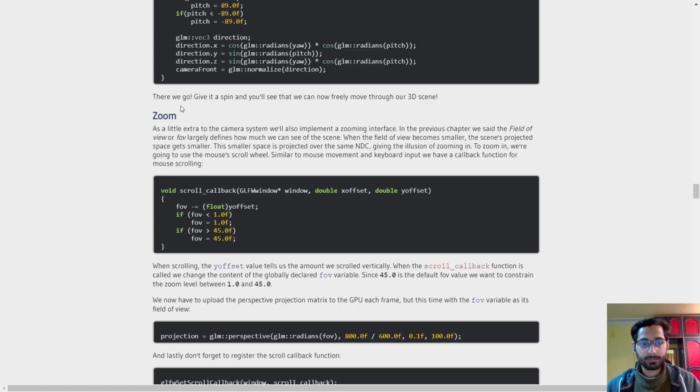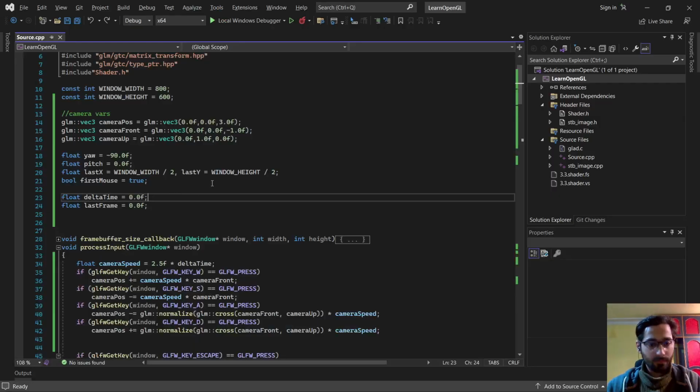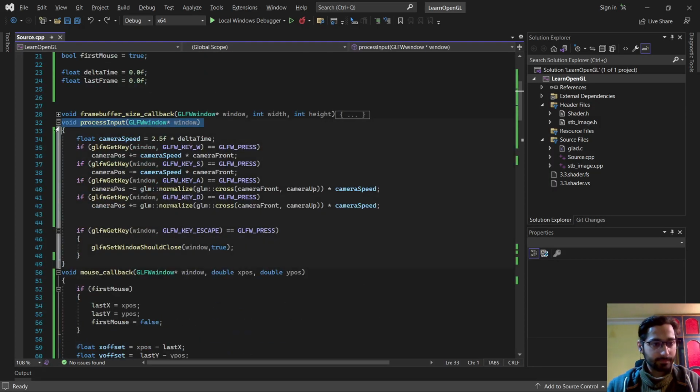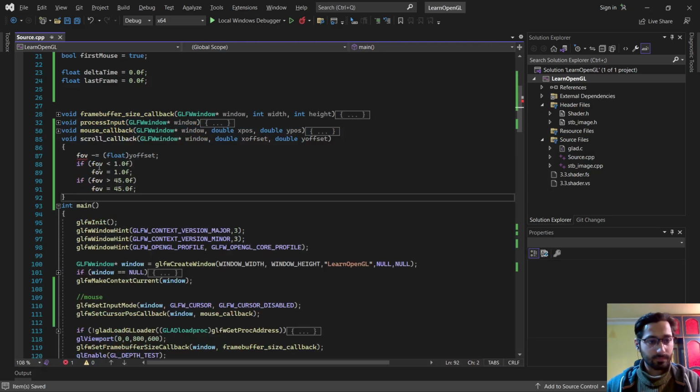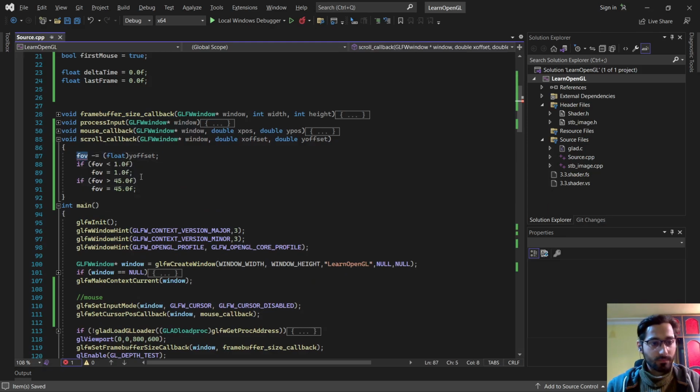To zoom in, we're going to use the mouse scroll wheel. Similar to the mouse's movement and keyboard input, we will have a callback function for the mouse scroll. Okay, it also has similar stuff. Let's just do this quickly. We're gonna need to set an FOV.